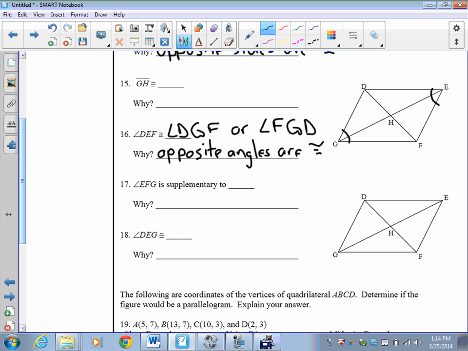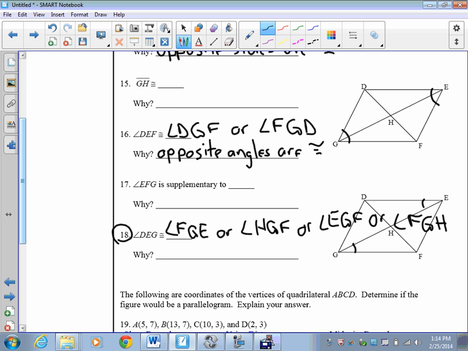The last one says angle DEG, so we're doing 18, has to be congruent to what? Well, it has to be congruent to angle FGE or angle HGF or angle EGF or angle FGH. These are all the same angle.